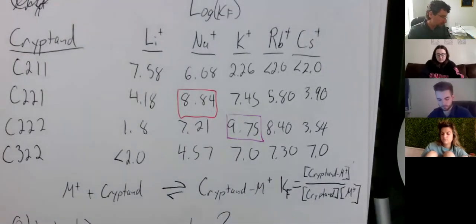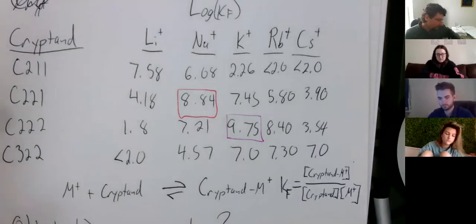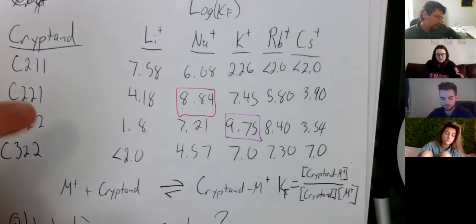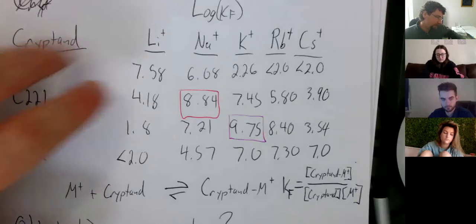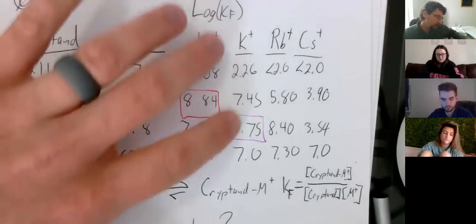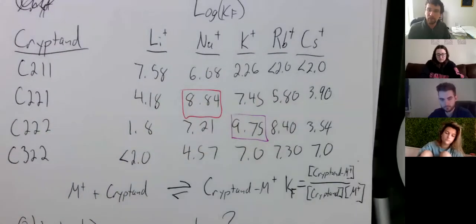It shows the power of synthetic chemistry and the ability to go after a specific target that you want, which is pretty cool. Kryptand 221 does the best for sodium, but as we start getting larger, looking along this way, it does a worse job because those cations can't fit into the cavity made by the kryptand.